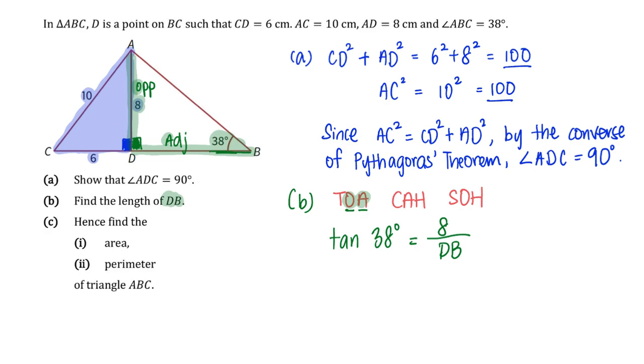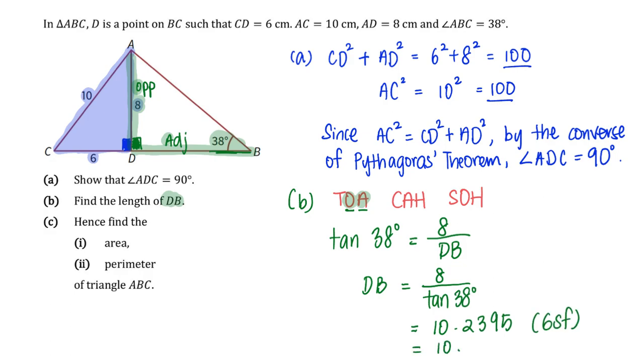I am going to multiply DB on both sides, and then divide by tangent 38 on both sides, so that I can get this, and my answer for DB would then be 10.2395, to 3 significant figures, 10.2 cm.